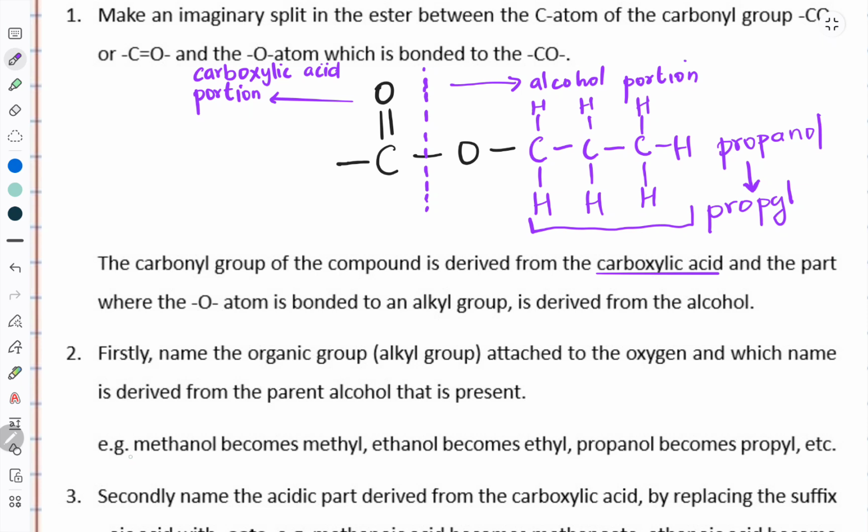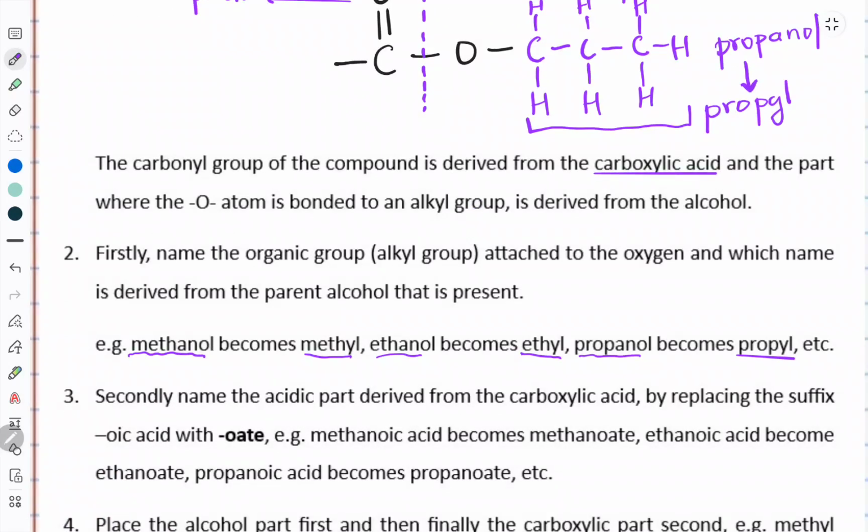What was methanol becomes methyl, what was ethanol becomes ethyl, what was propanol, like in our case, becomes propyl, and so on. Secondly, you name the acidic part derived from the carboxylic acid by replacing the oic acid with oate. Remember, oate is the suffix used for all esters.